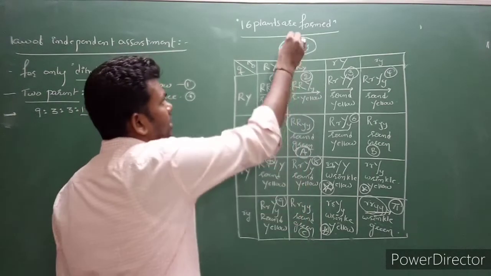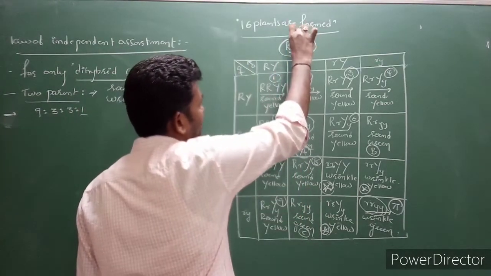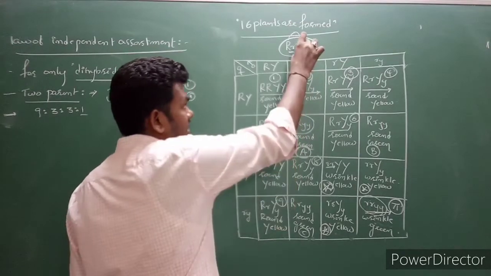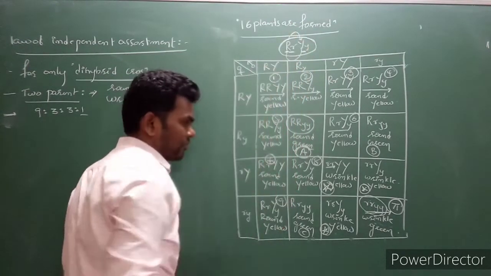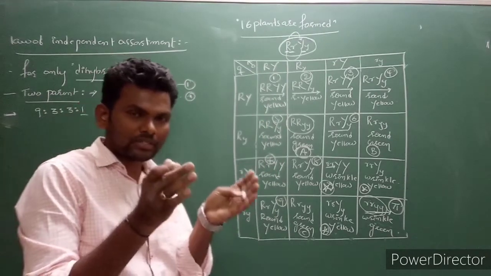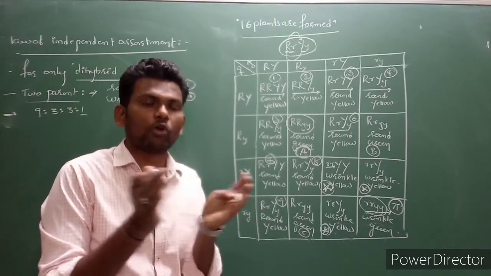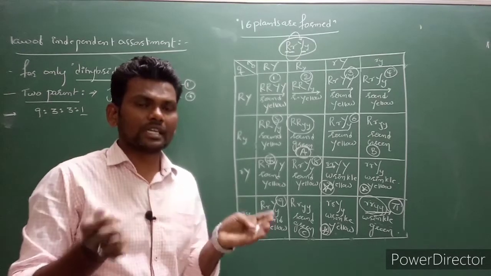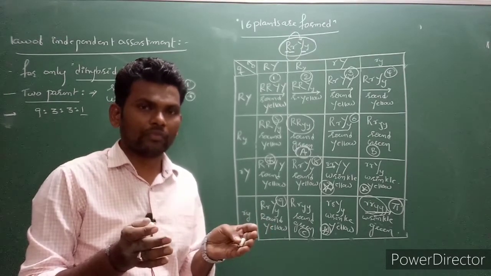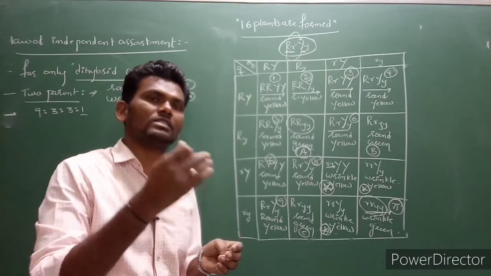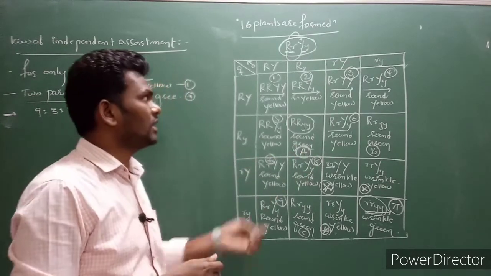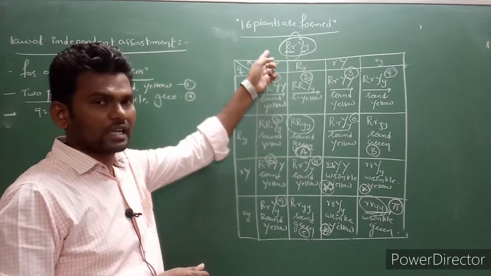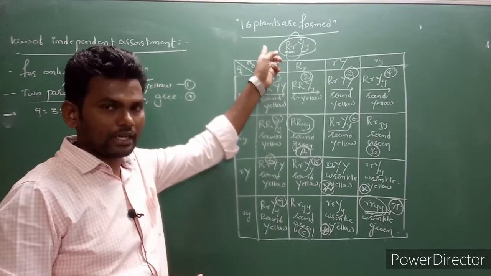Here, capital Y is not going to influence or enhance the other character. These two are present within one cell, but they are not mixed. During segregation, nothing but gamete formation, they are independently assorted and enter into different gametes. So that is Mendel's second law, the law of inheritance.